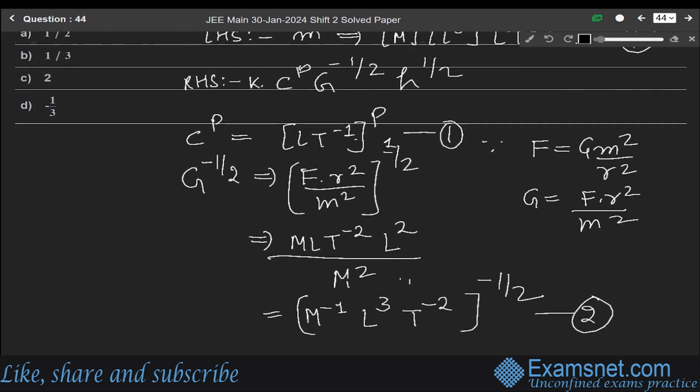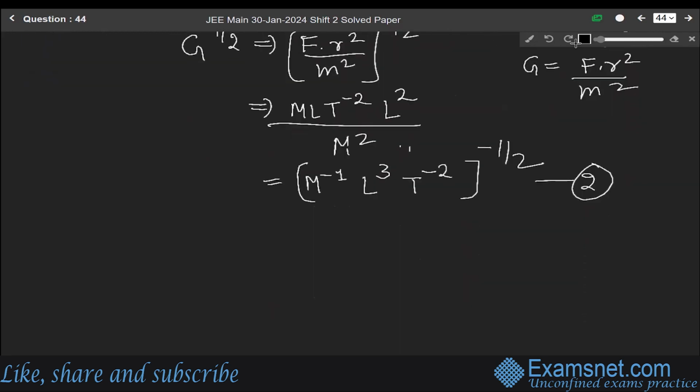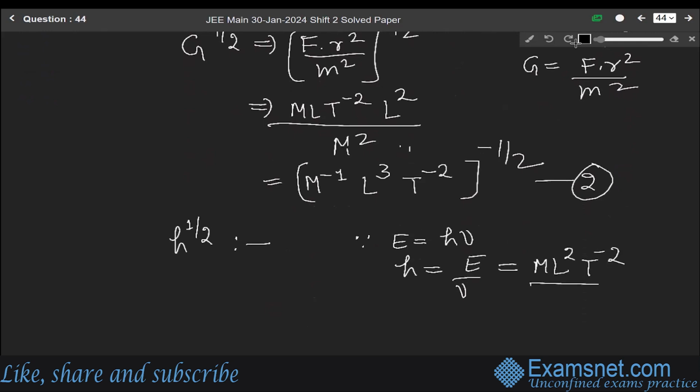And the third one is Planck's constant h, h raised to the power 1 by 2. Since E equals h nu, Planck's constant times frequency, h will be E by nu, and E dimensions are M L squared T minus 2 over frequency. Frequency is 1 over T, so we write T minus 1.